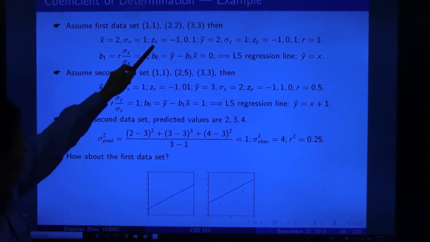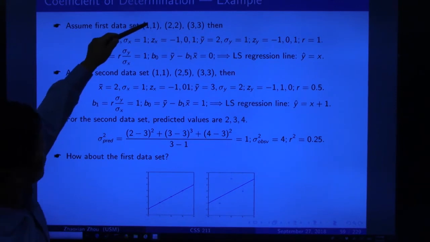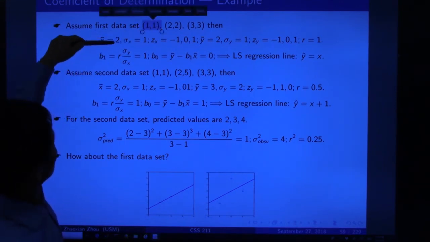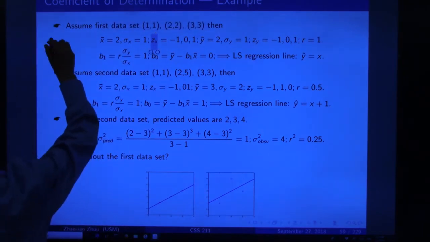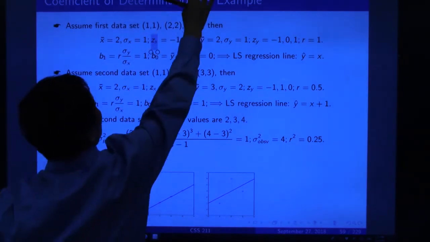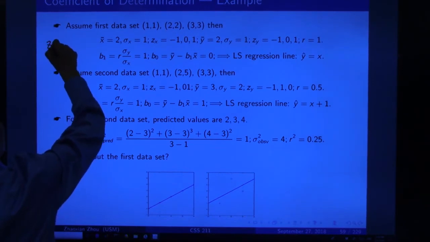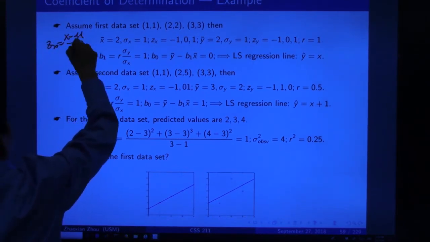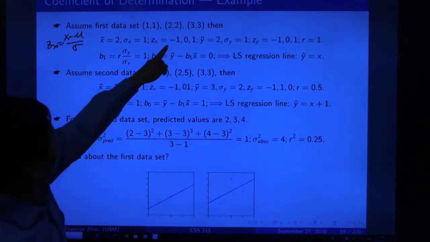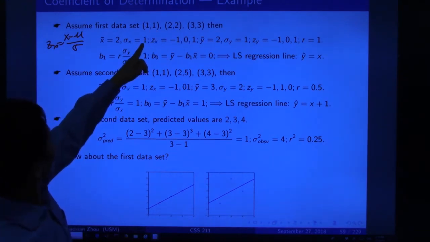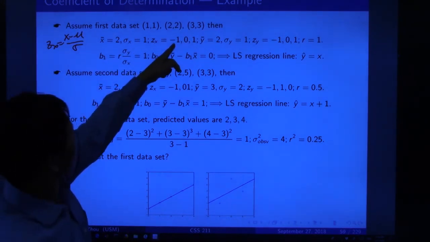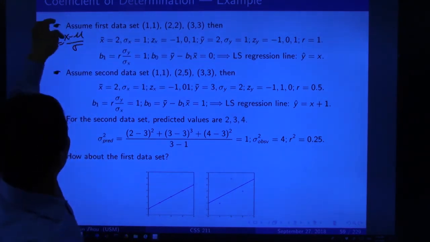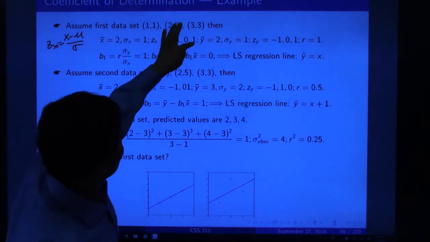And zx is x minus mu over sigma. The first one is 1 minus 2 equals negative 1, divided by 1, equals negative 1. The second one, 2 minus 2, divided by 1, equals 0. The last one equals 1.